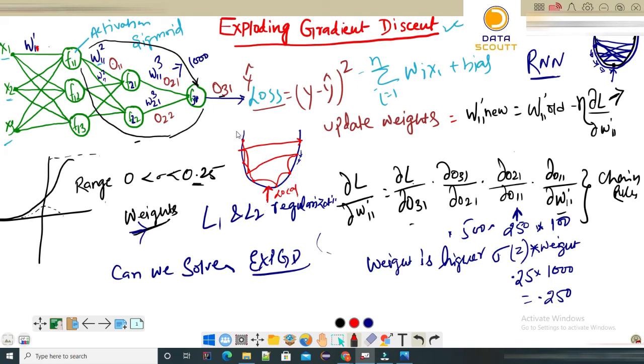That's why this scenario is called the exploding gradient descent problem, which is a little bit in contrast to the vanishing gradient descent problem. In vanishing gradient, the updates will be so low that it will forget. It will not be able to move forward. It will be lost somewhere, because the model will not be able to learn anything.